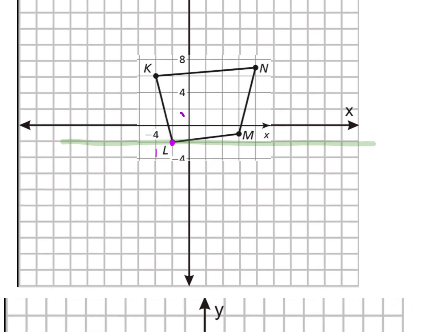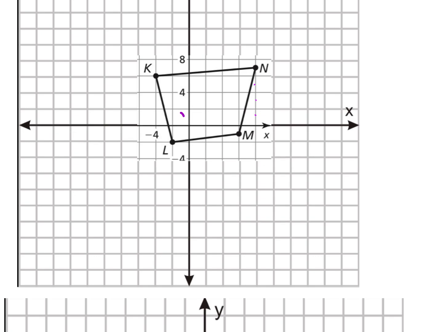This point is going to stay L. This point right here is going to be my M. And it's 1, 2, 3, 4.5. This is where my N is. And then last is K. Or you know what? I did not do this one by 2s. Let me fix this.